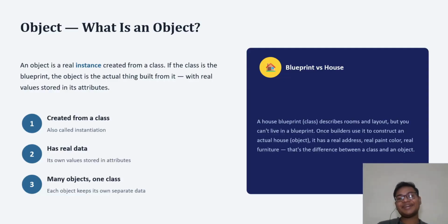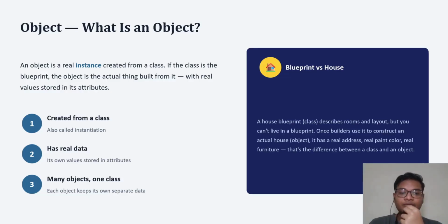I hope you understand how this works. If the class is the blueprint, the object is the actual thing built from it, with real values stored in its attributes. When we talk about being created from a class, that's also called instantiation.